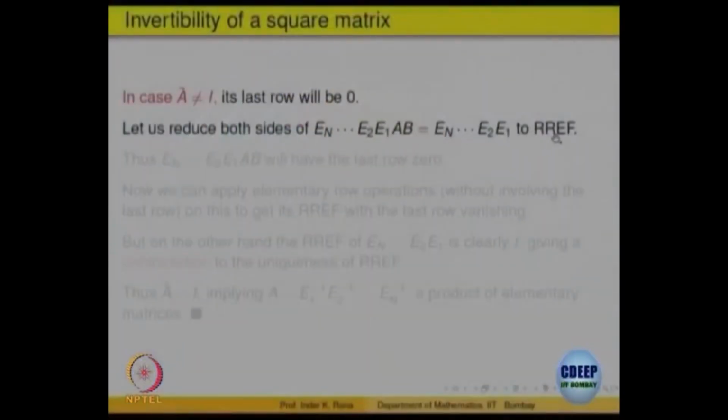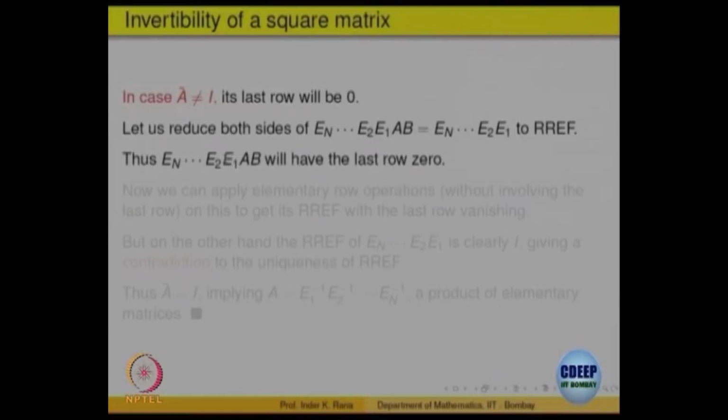There are not as many pivots as the order. There is one row which should be 0, so the bottom row is equal to 0. So, let us reduce both sides to reduced row echelon form. What will happen to the reduced row echelon form of this product? The last row of this matrix E n through E 1 A, that is A tilde, is equal to 0. So, that will stay as 0, right.